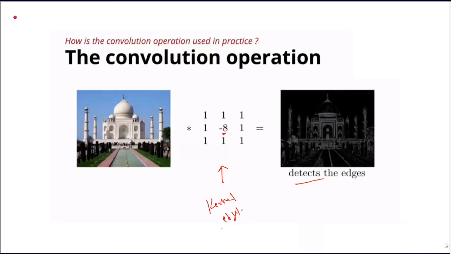For example, if your image is a cat or a dog, one filter will look only for the features that belong to the eyes, another kernel will look only for the features that belong to the nose, another will look for the ears, and so on. That is why we are increasing the number of kernels.